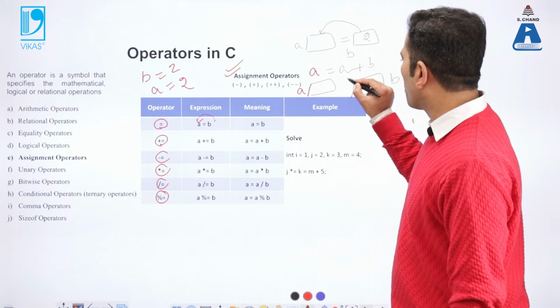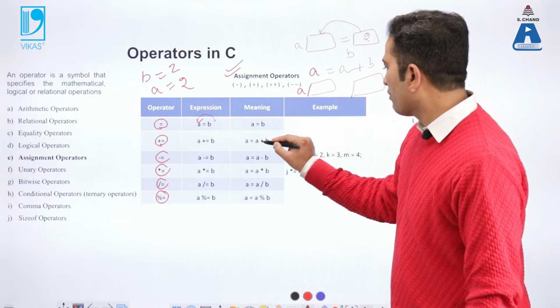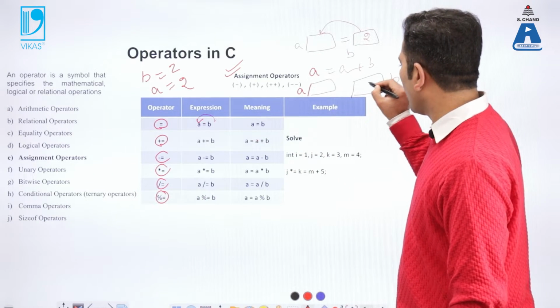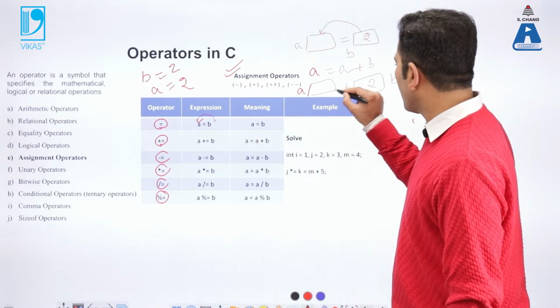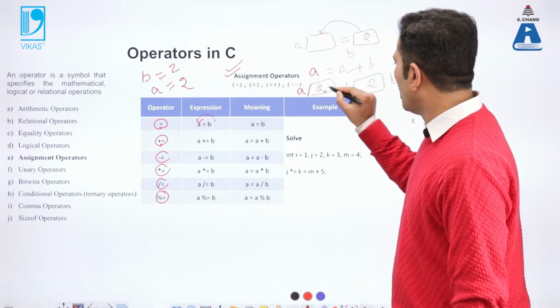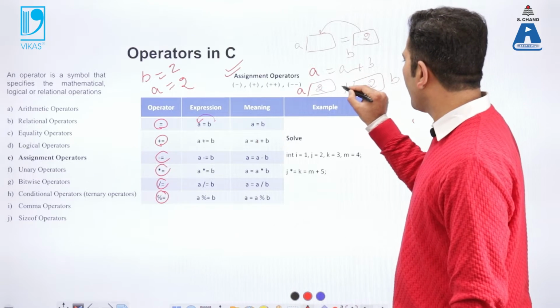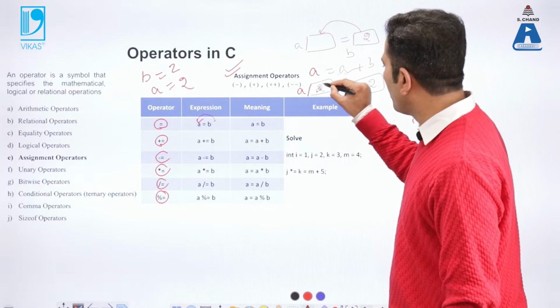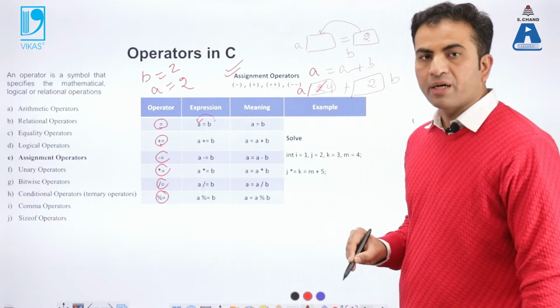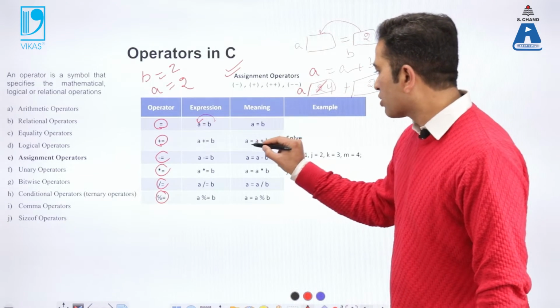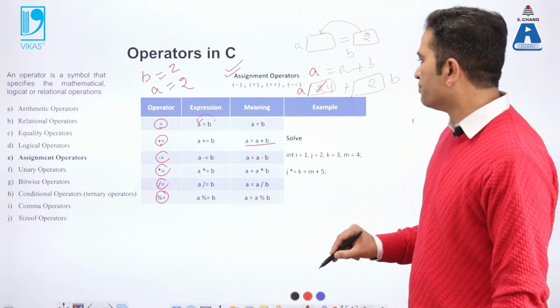A plus B is 2 plus 2, which is 4, and the output 4 replaces the 2, so the updated value of A becomes 4.